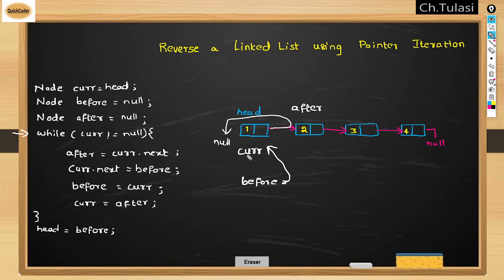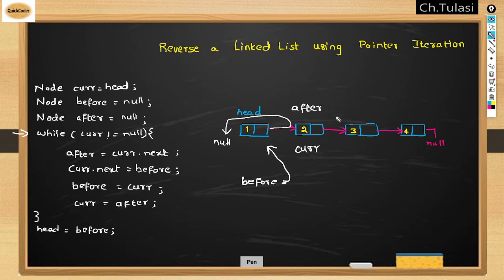After that, here is my after node. Now my current will move to here. Again the same thing happens. I want to store this next node data because my current node is pointing to this node. If I take this link to here, how can we know the next node address?